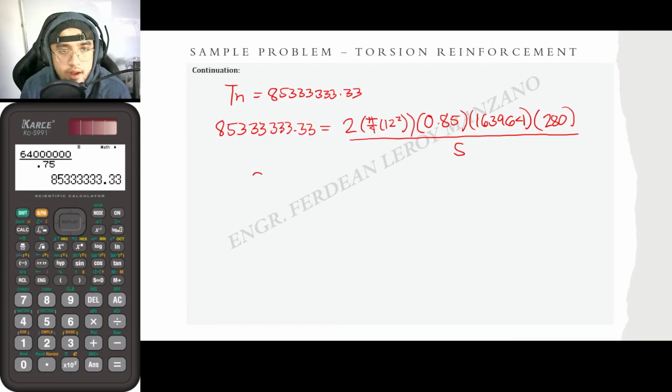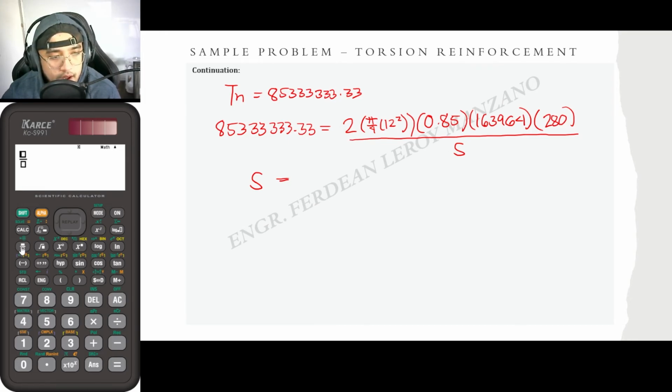So the required spacing for torsion, looking at the calculator, you can either make use of shift solve or better yet, just transpose or cross multiply.